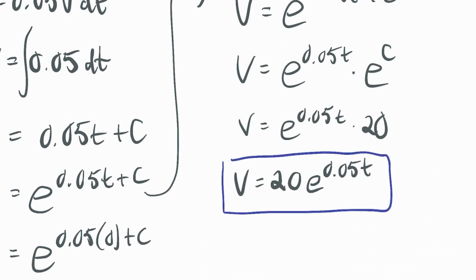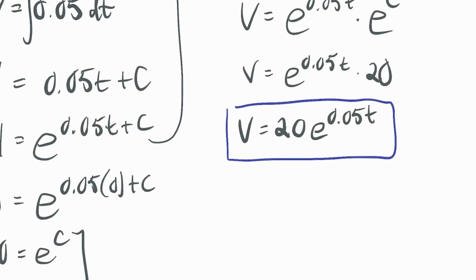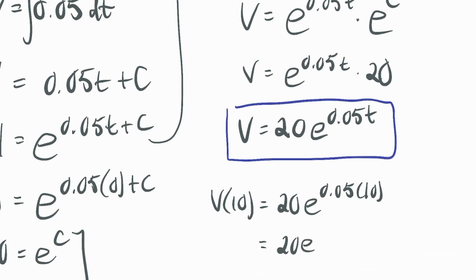So I can say, well, what's the value in 10 years? If I wanted to know that, I plug in 10. I could be writing this as v of t all along, but we don't have to. It's 20 times e to the 0.05 times 10 power. So this will be 20 e to the 0.5 power, which is approximately, let me find a calculator here, 20 times e to the 0.5 power, I get 32.974.